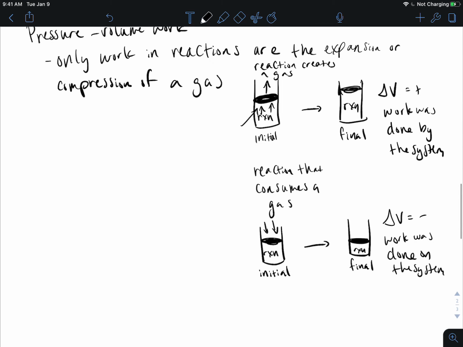Our delta V is really the only work that we're going to have in our reactions, and it is V final minus V initial.